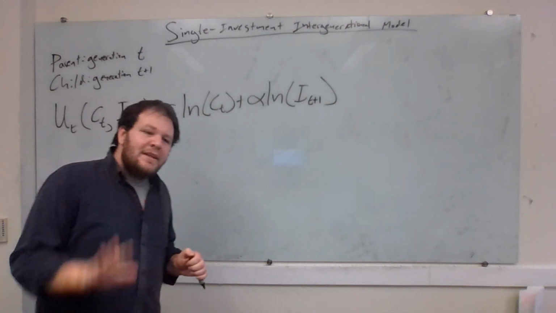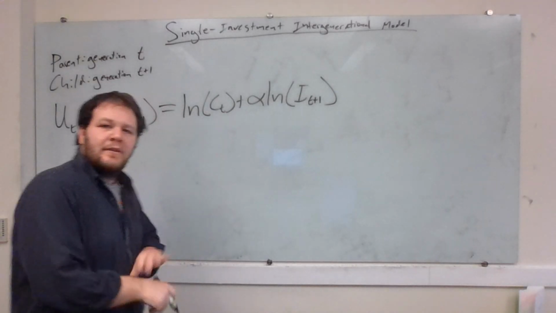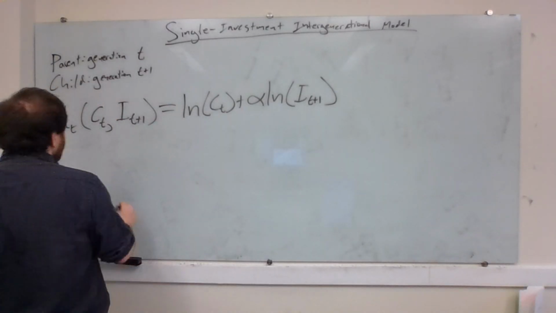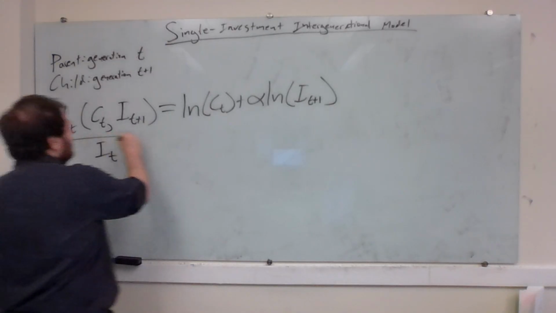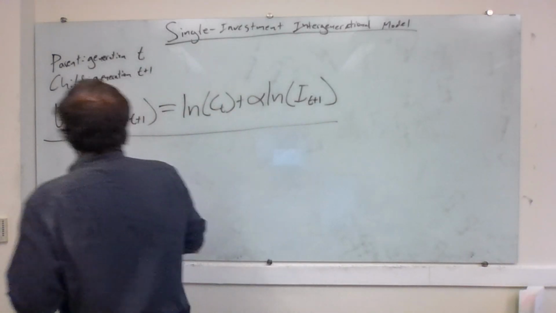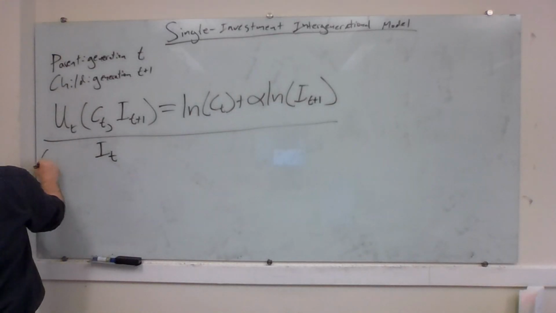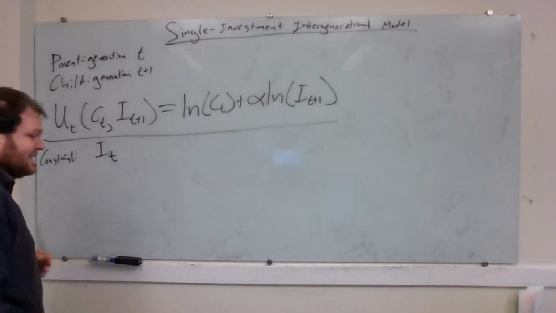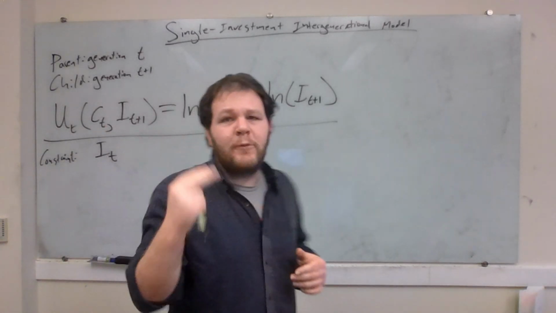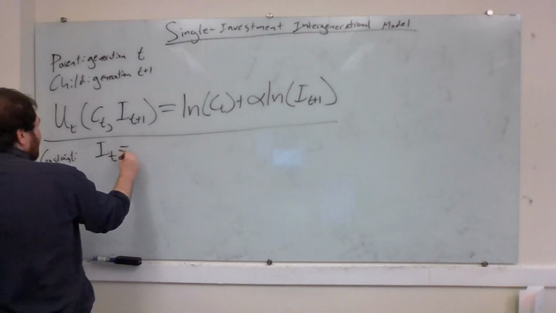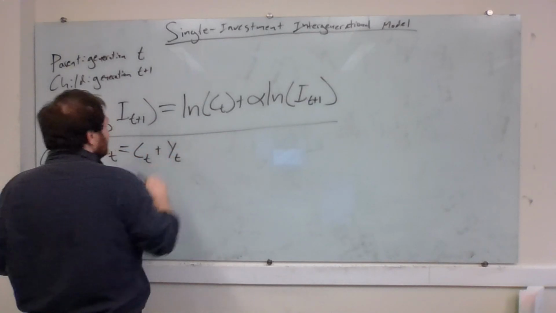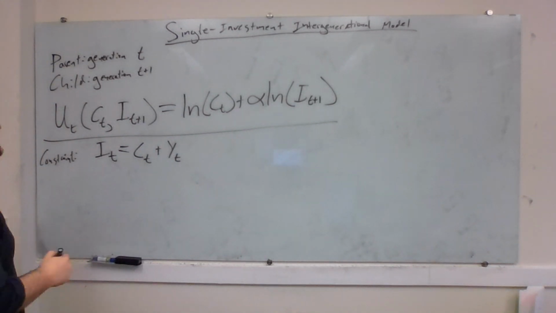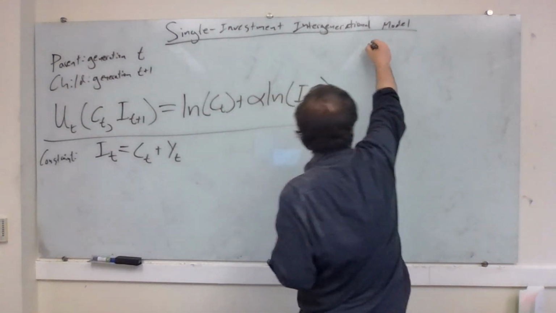And Becker says, let's do a couple things to build this. The first is to say that the parent has an income right now called I_T. So these are preferences. Now we're going to talk about constraints. The parent has an income I_T, and the parent can use that income for two things. They can either buy consumption today, or they can invest in their child. So we're going to say, I have definitions over here.